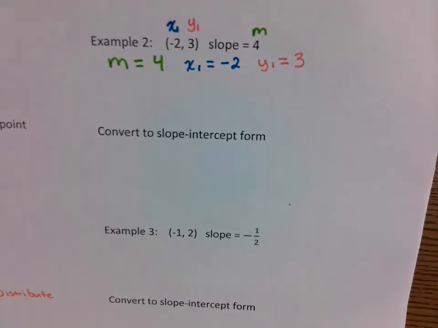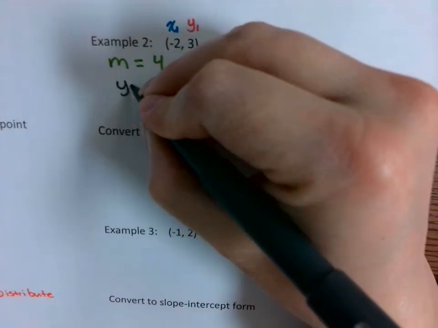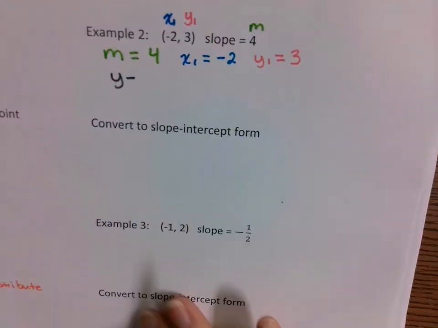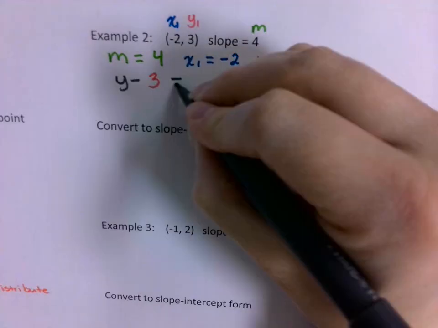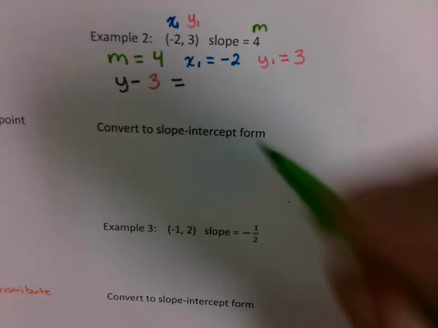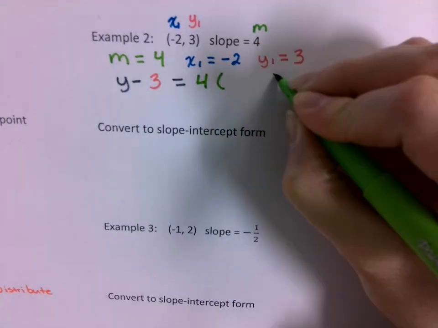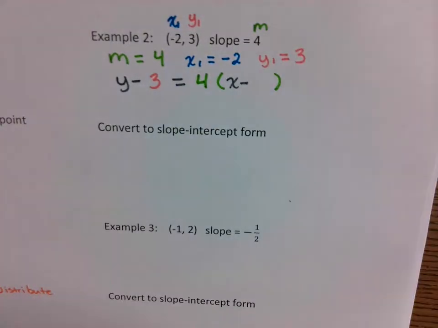When I substitute, I'm going to do y minus my y1 coordinate. So I'm going to do y minus 3 is equal to my slope, which is 4, times x minus my x1 coordinate, which is a negative 2.